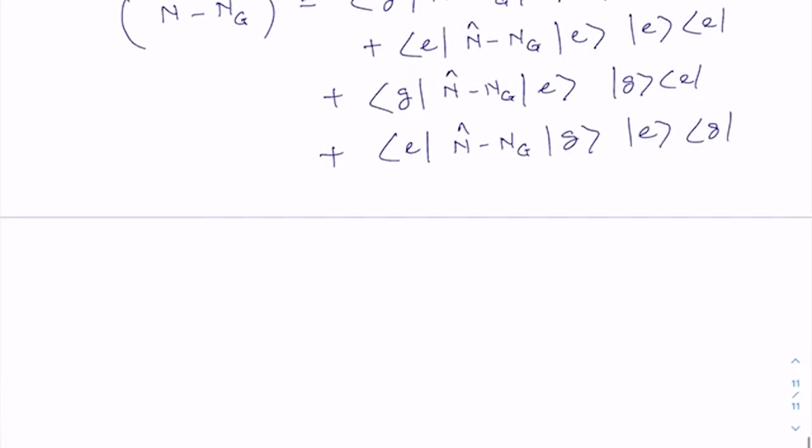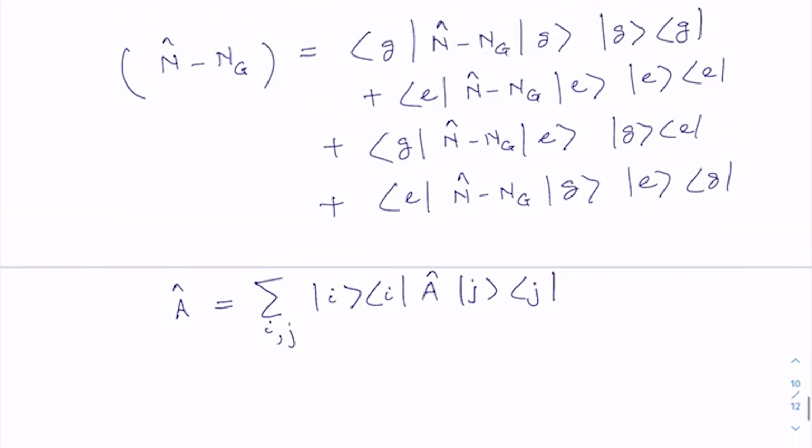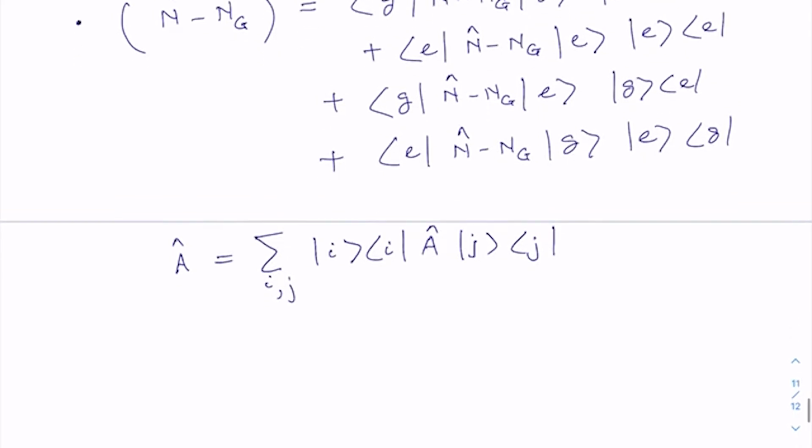If you have forgotten, let me just quickly remind you. Suppose you have any operator a, I can always sandwich it between the basis states i and j, and then I just sum it. This is what I have used while writing this expression here.